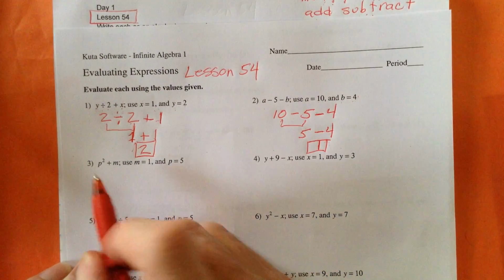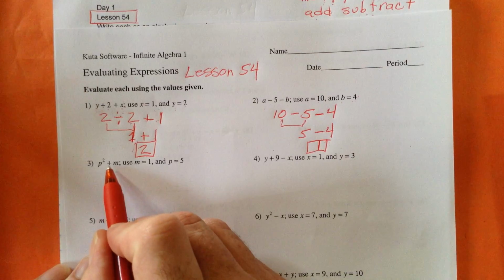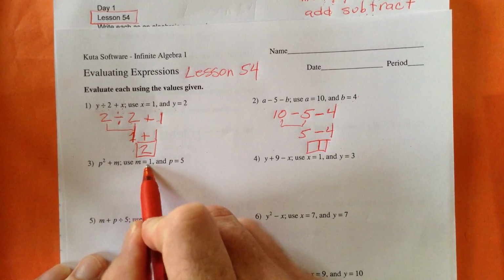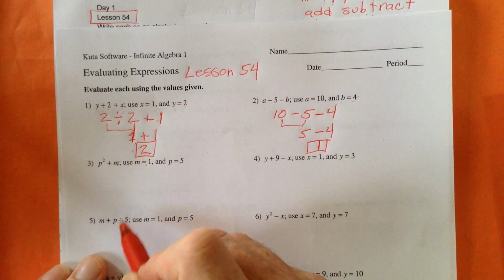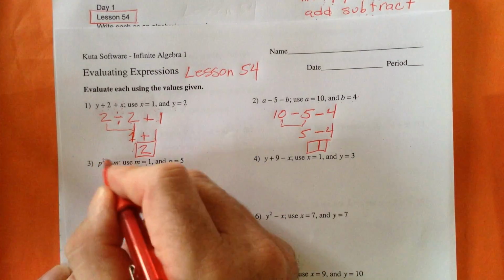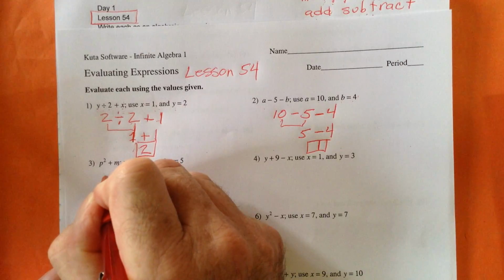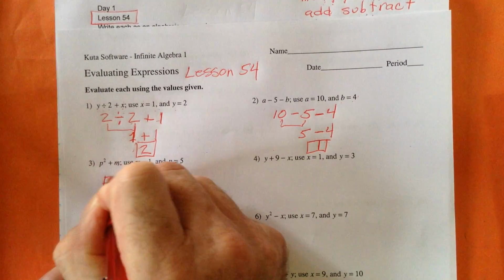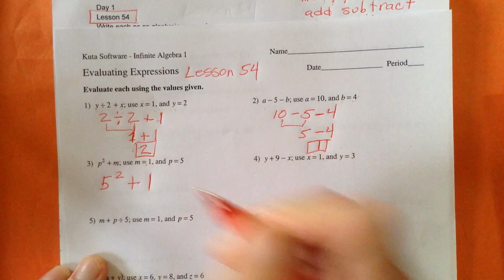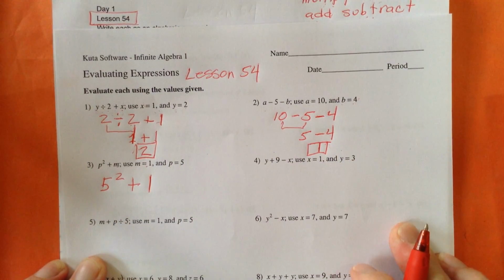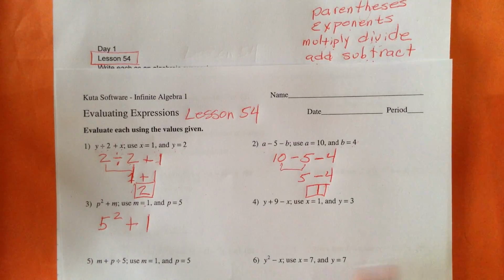You can see here I have p to the second power plus m, and if m is 1 and p is 5, what would be the answer? So let's replace the letters. I'm going to make p 5, so 5 to the second power plus m, which is 1. Order of operations: are there parentheses here?